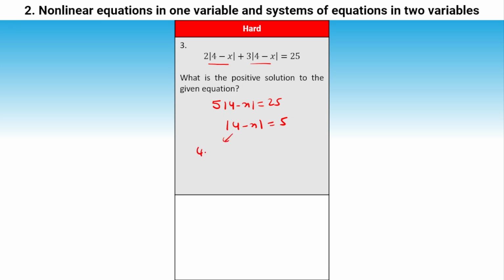So either 4 minus x is positive or 4 minus x is negative. If you solve this, 4 minus x equals 5 gives x equals minus 1, and the other case gives x equal to 9. So what is the positive solution? The value of x will be 9, that is your answer.